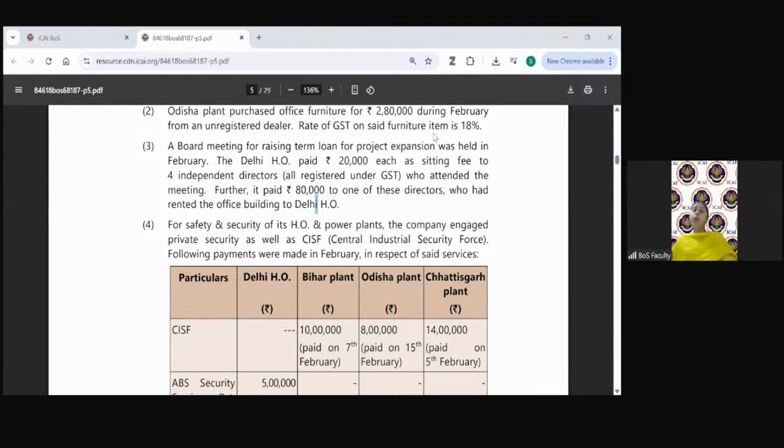Okay, I got your point, Awadh. What you are trying to say, you are absolutely right in this. Any more answers from you? Otherwise, I will explain the concept. See, what is there in this question? Odisha and Delhi HO reverse charge services have to be seen. Okay, just give me a minute. I will let you know the point.